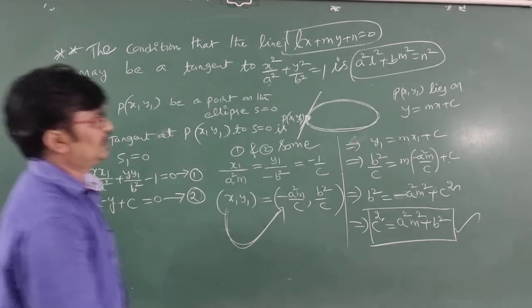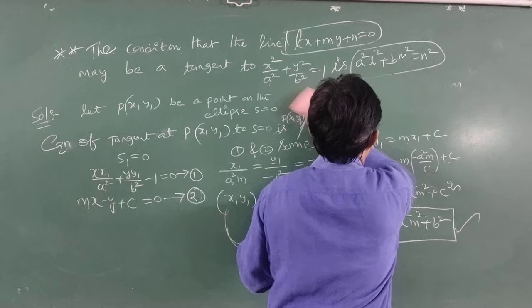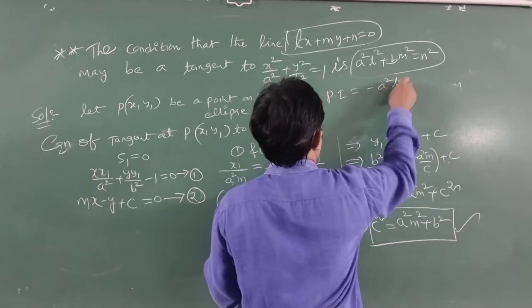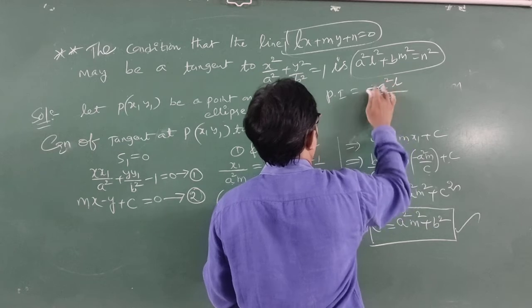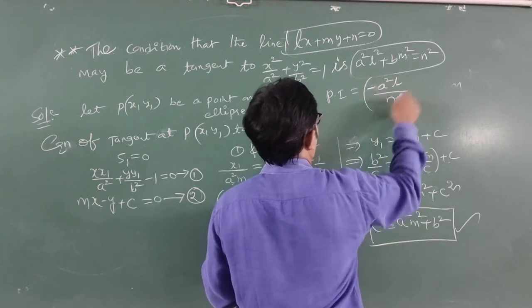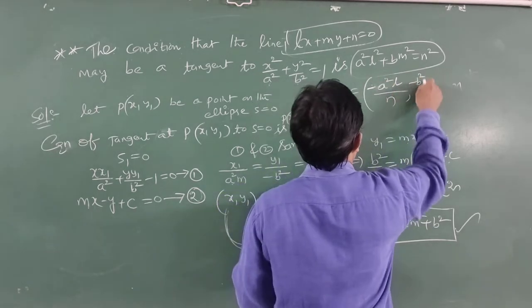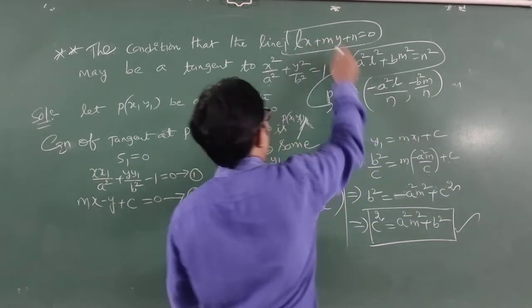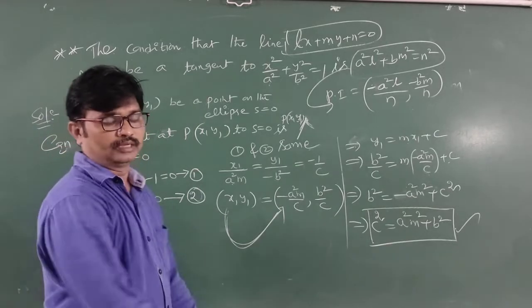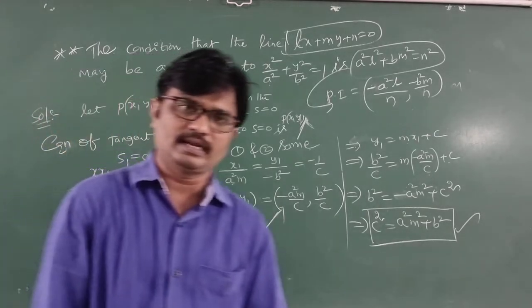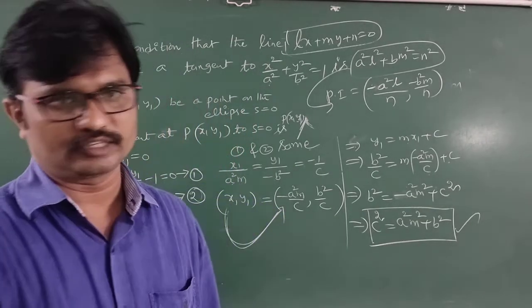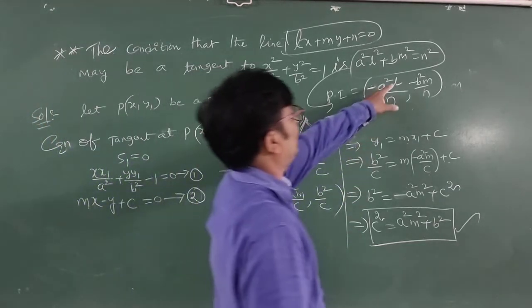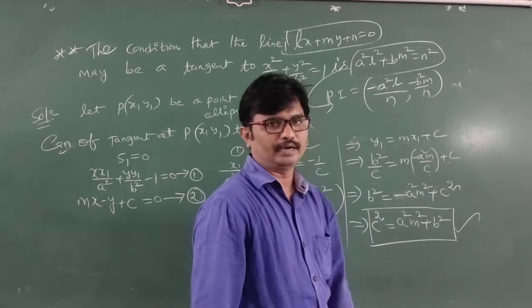In this case the point of contact is (−a²l/n, −b²m/n).